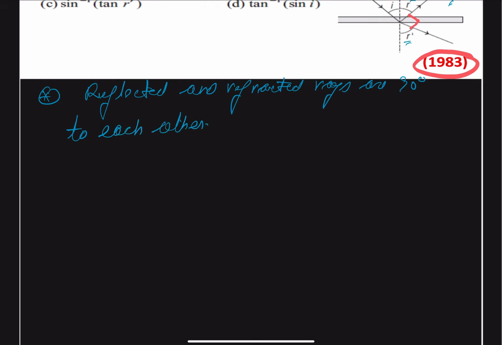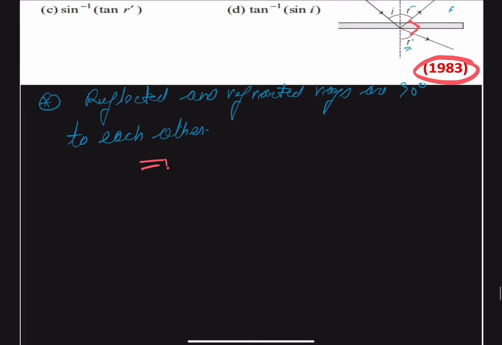So using this condition, we can easily say that r plus r prime should be equal to 90, and from here we can write r prime is equal to 90 minus r.